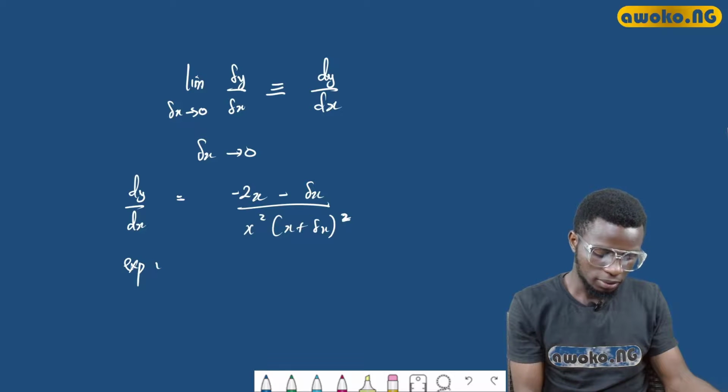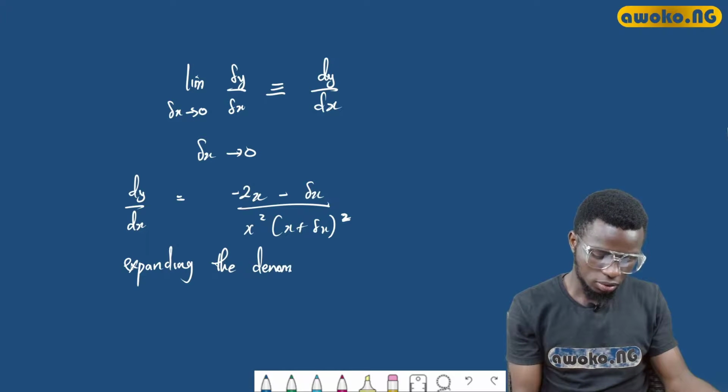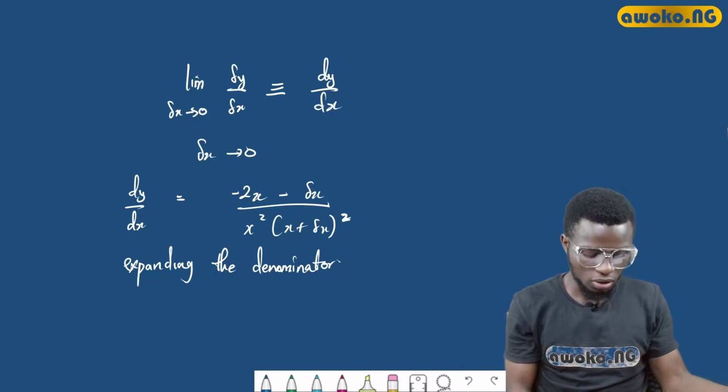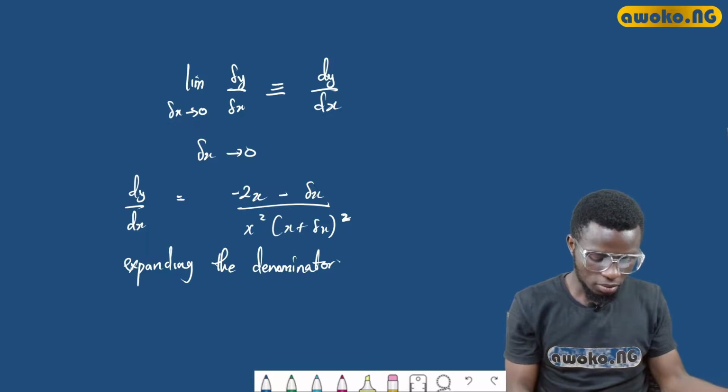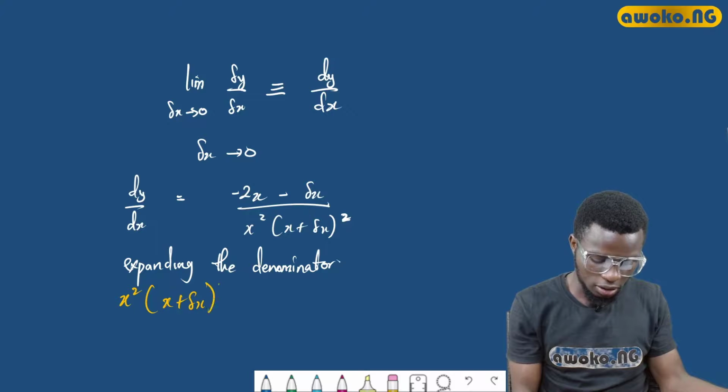Expanding the denominator, if I expand the denominator, I would have x² into (x plus dx)².